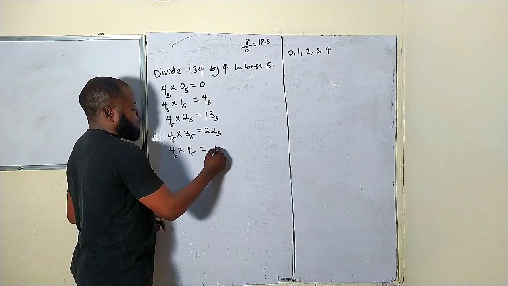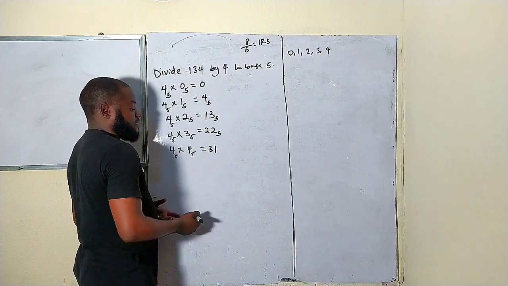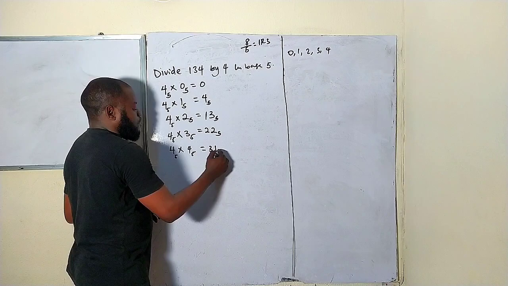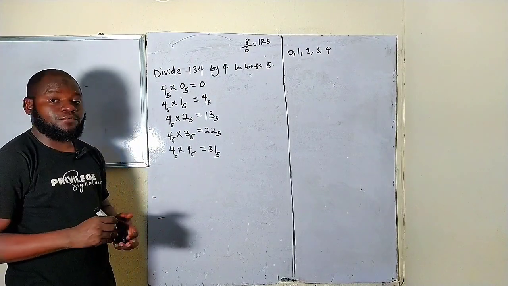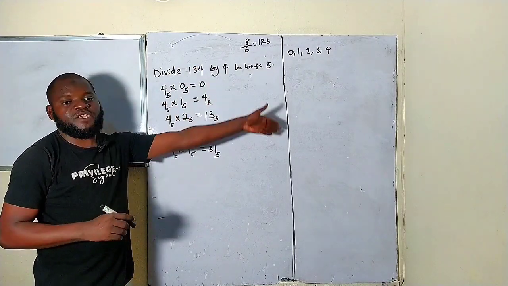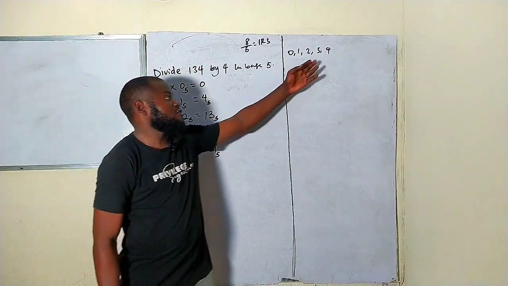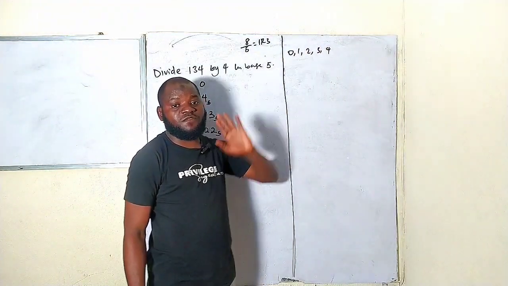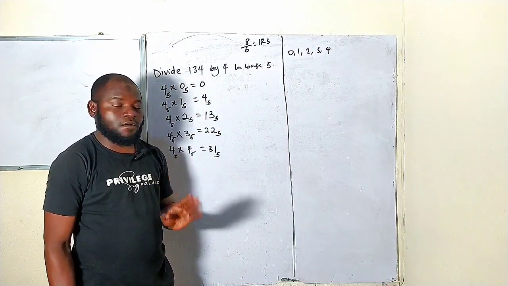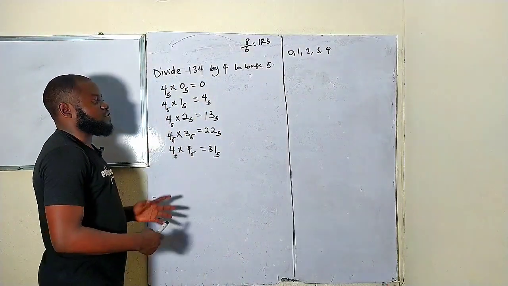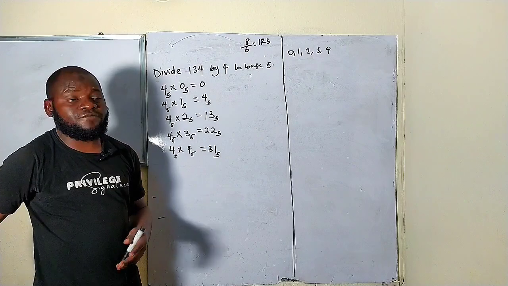So you write down 1 and take the 3 here. Is that taken now? So we are done with the multiplication table of 4 in base 5. We cannot have 5 because 5 is not part of the digits in base 5. Is that taken now? Now, how do we use this multiplication table in carrying out our division?